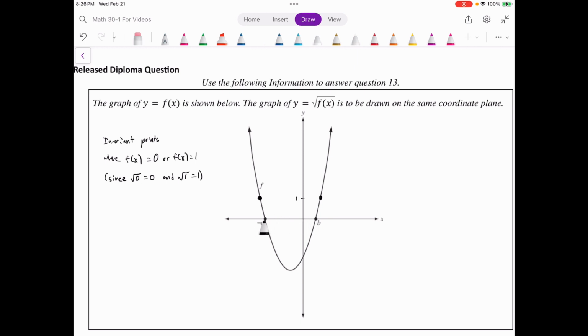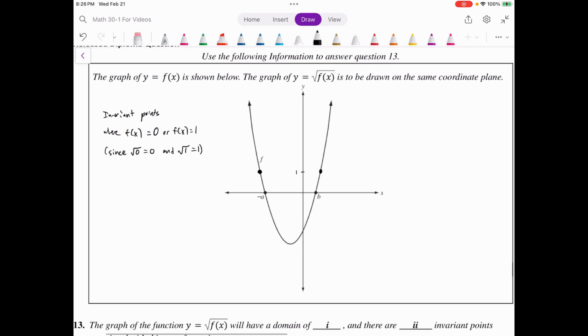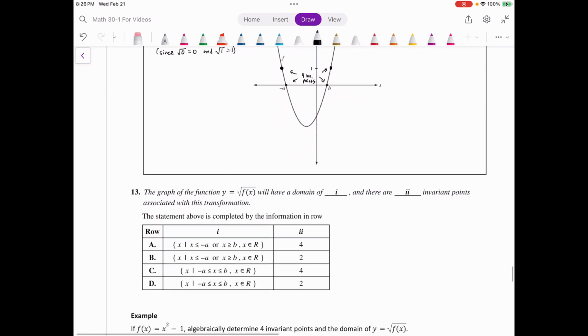Sure, they didn't label it, but the x-axis is where y is 0. So I see 4 invariant points, right? Because if we take the square root of 1 or 0, it's still 1 or 0 for the y value. So that right away narrows us down to 2 choices, because it can't be 2, so it can't be B or D. So it's either A or C.